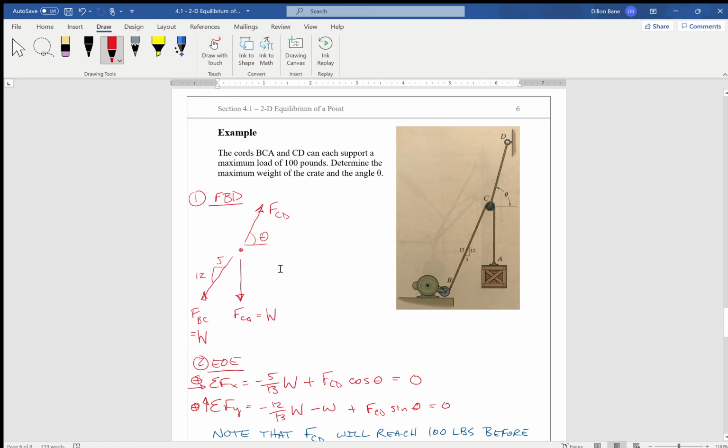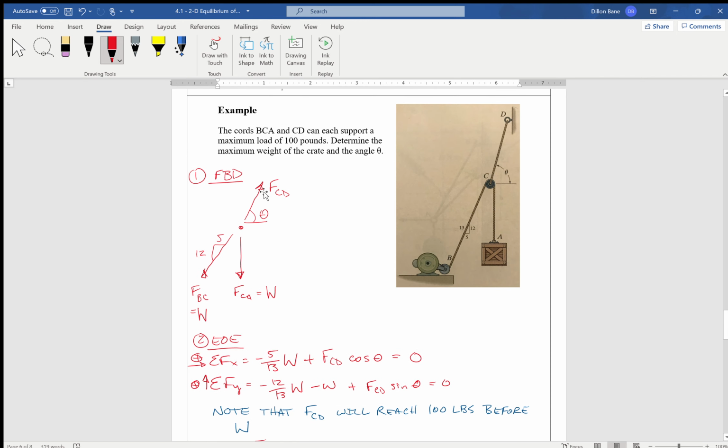If AC is 50 pounds acting straight down at C, BC will also equal 50 pounds acting mostly down, 12/13 down. So if I have 50 pounds down and nearly 50 pounds acting down from FBC, does that not mean that FCD needs to be pretty much 100 pounds acting straight up?